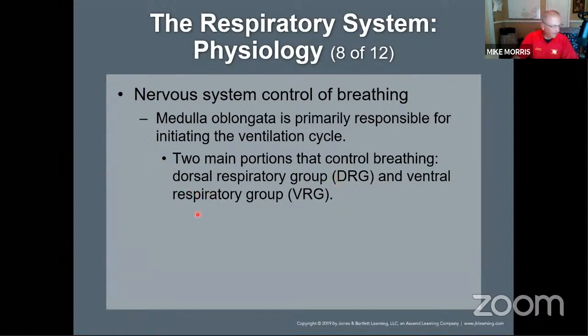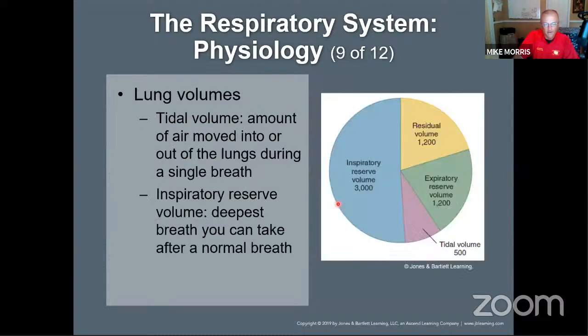Because the science community can't even decide whether they want to agree with it or not. But basically, it talks about how it stimulates your diaphragm to contract for so many seconds, and things like that. I won't ask you anything about the DRG or the VRG.